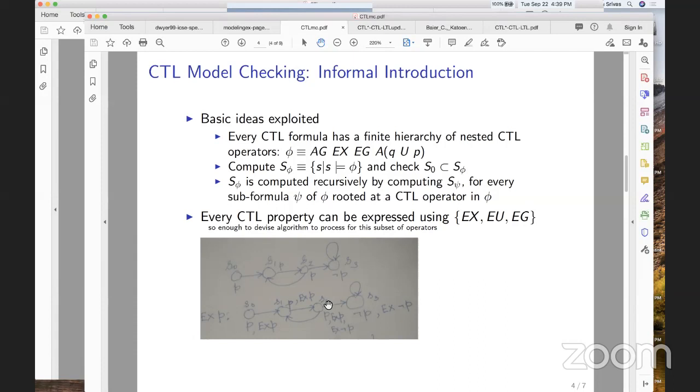Yes, S2 is a predecessor for S1. Therefore, EX of P is true there and should be added as a label. And S1 is a predecessor of S2, and S2 has a label P. Therefore, S1 should also have the label EX of P.